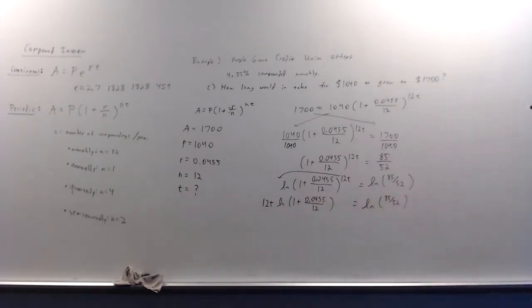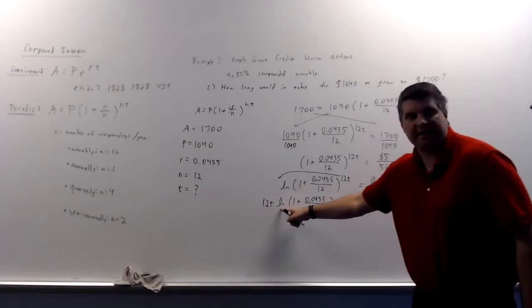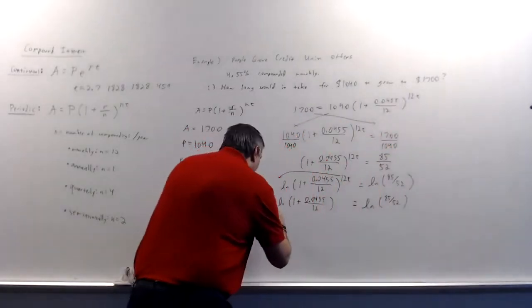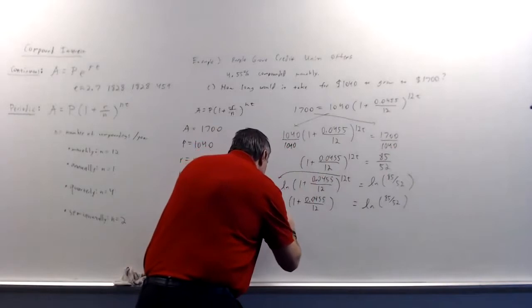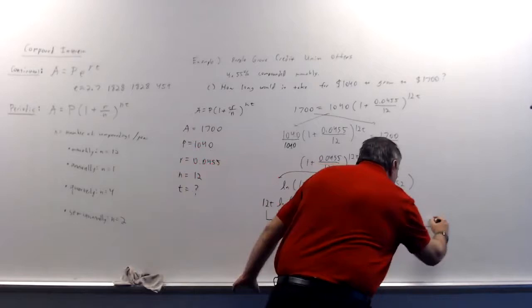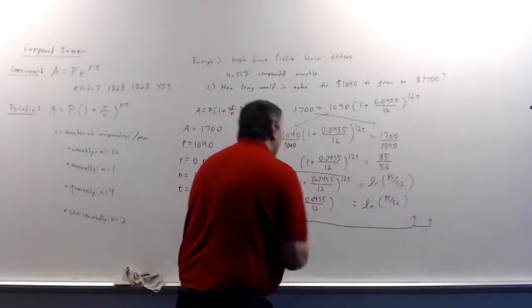All right. Now, next thing I'm going to do is I've got t being multiplied by 12 and by this natural log. So what I propose to do is simply divide them off. Divide off.